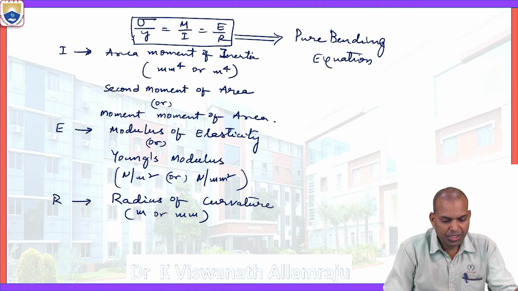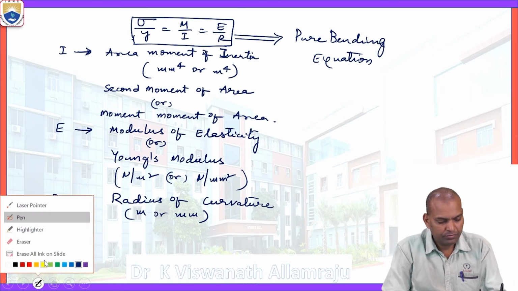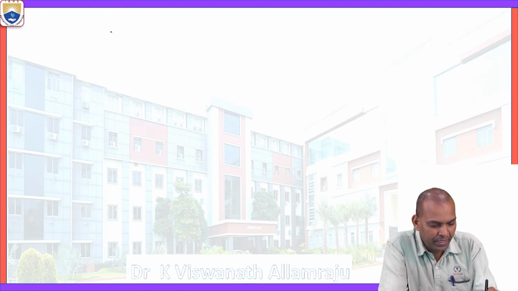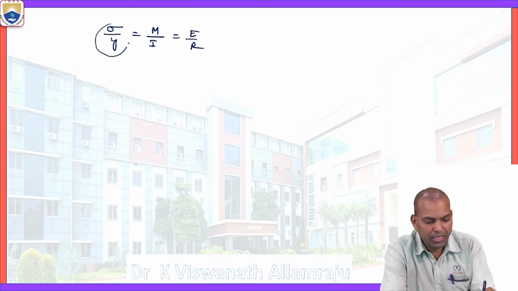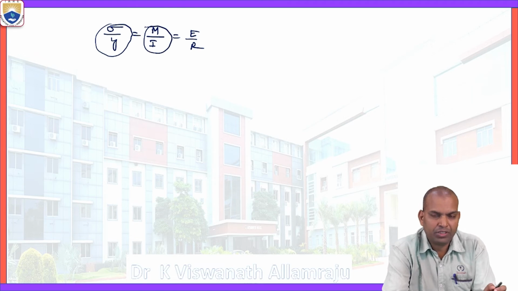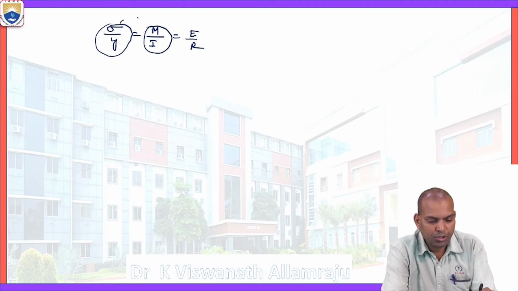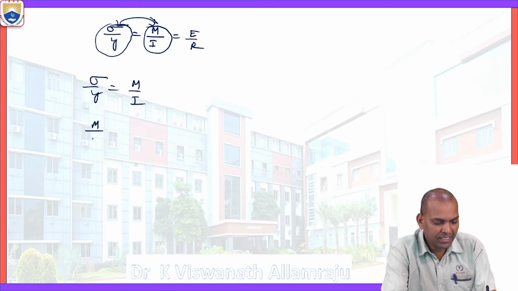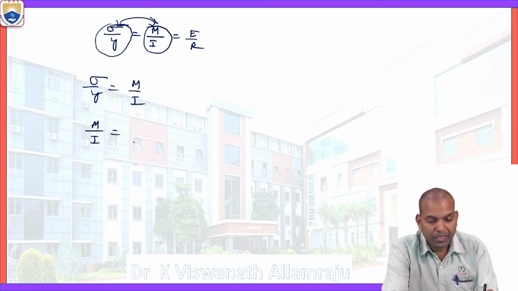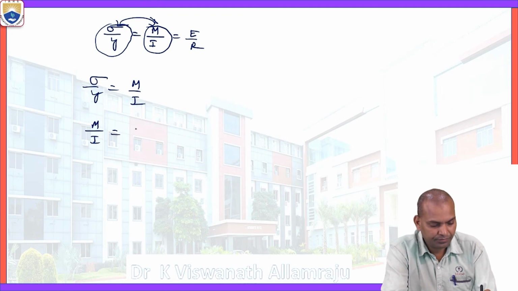Now from the equation of simple bending or pure bending, sigma by y equal to M by I equal to E by R, if we consider the first two portions, sigma by y equal to M by I, when sigma becomes maximum, then y becomes y max.